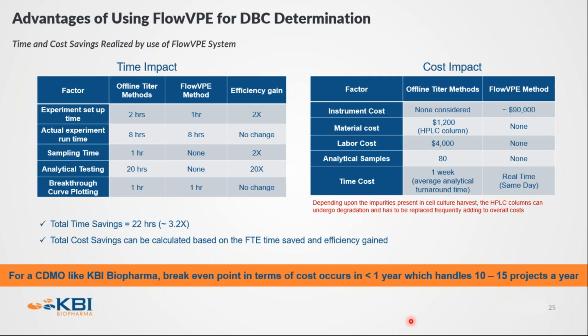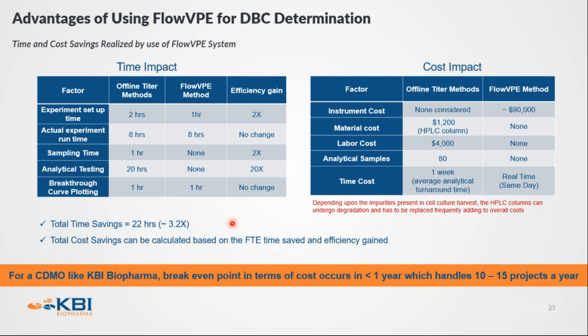Now, this is a slide I put together to assess the time saving and the cost savings which we have realized by the use of this technology. So let us look at the time saving first. The experimental setup for FlowVPE is very easy, whereas for the traditional methods, it takes a long time to fill in your fraction collector.